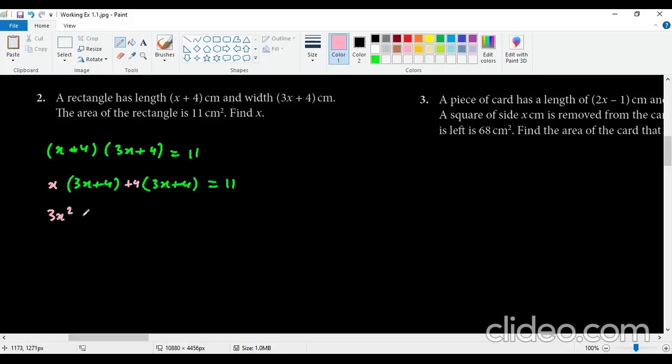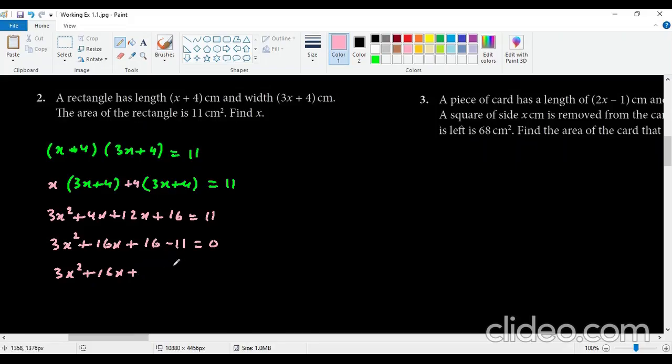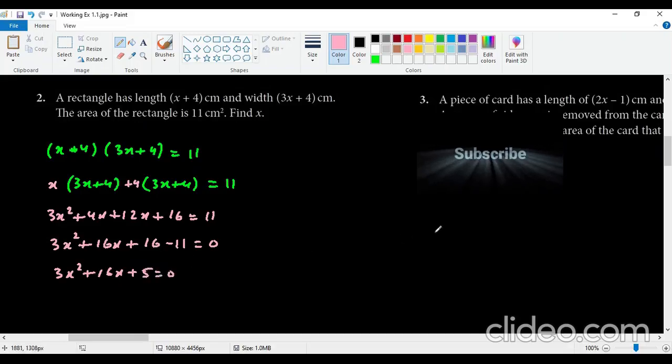So this is going to give me 3x squared plus 4x plus 12x plus 16 equals 11. That means 3x squared plus 16x plus 16 minus 11 equals 0. So this is going to give us 3x squared plus 16x plus 5 equals 0.